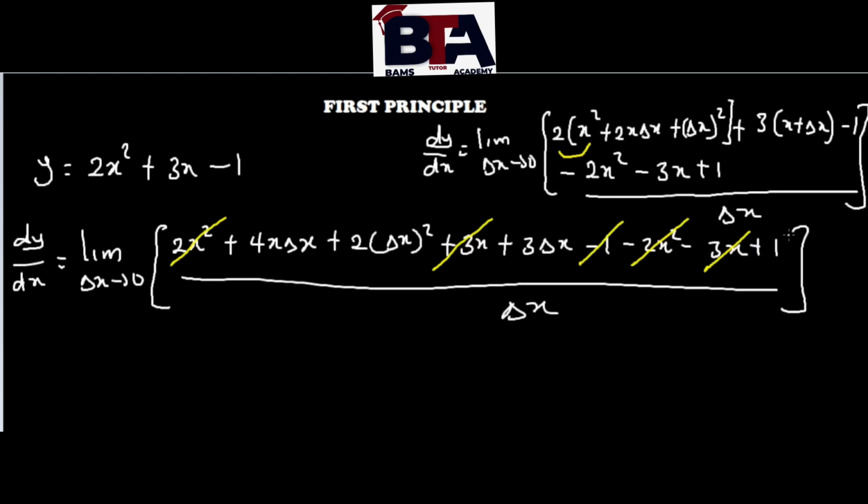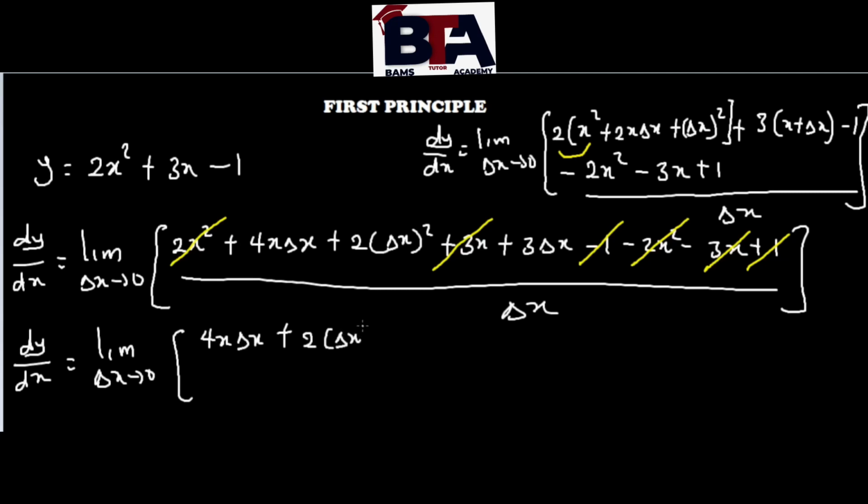So I'll be left with dy over dx is equal to the limit of change in x tends to 0 of 4x change in x plus 2 change in x squared, then plus 3 change in x, over change in x. All right, so in that case, let's clear out this one.